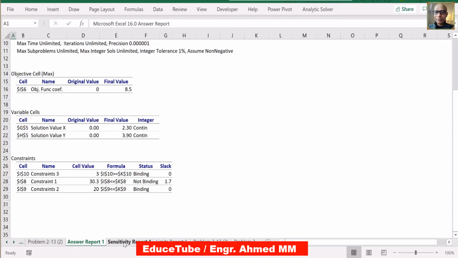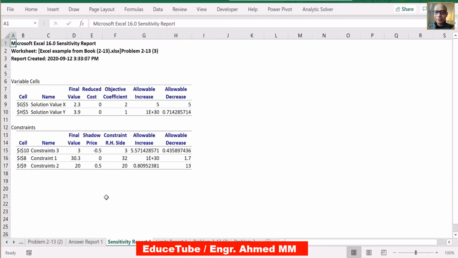So for the sensitivity reports, we have to see for the value of x and y, 2.3, 3.9, already we have seen that reduced cost is 0. And constraint 3, constraint 1, constraint 2, we got the shadow price.